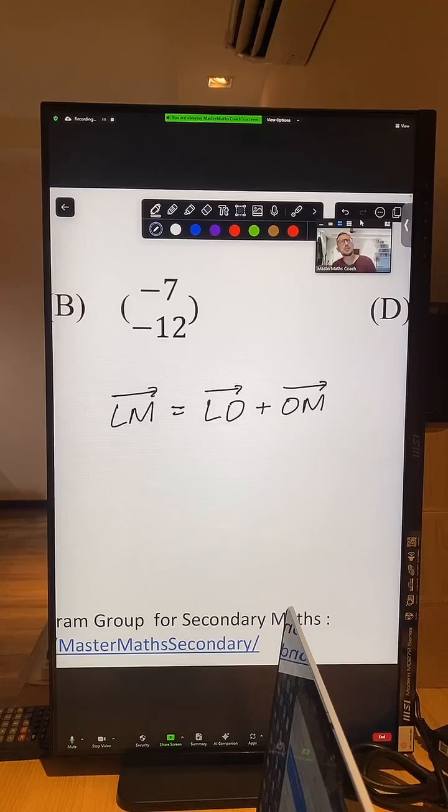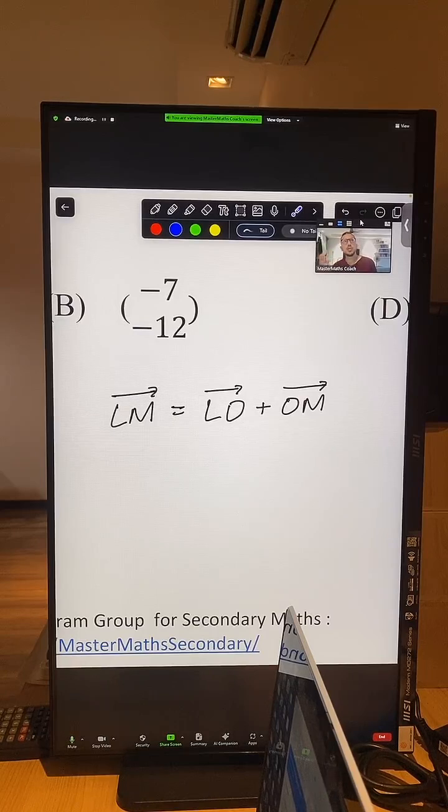I know this is slightly different from how the textbooks will write lah, but for me this is the most intuitive method so I recommend using this method because this O and this O going to like kiss each other, and then you will have L and M. I don't know if this is making sense but basically for me LM, it must be L something plus something M. Not necessarily O, can be LA plus AM, can be LB plus BM.